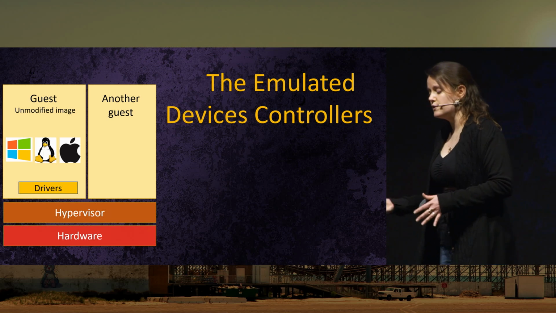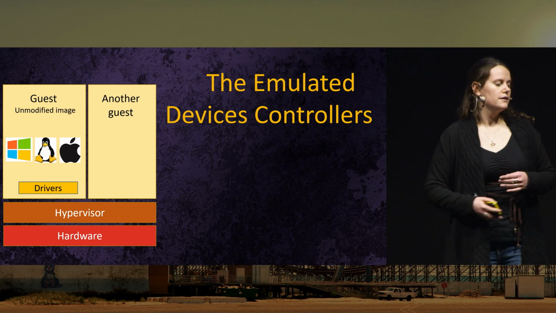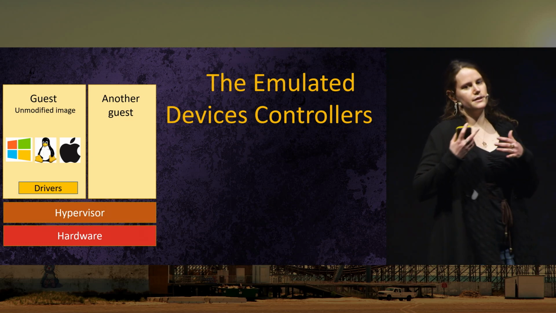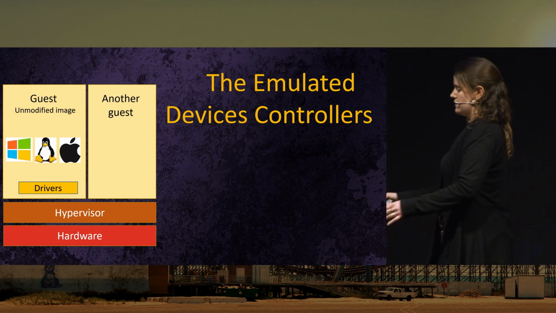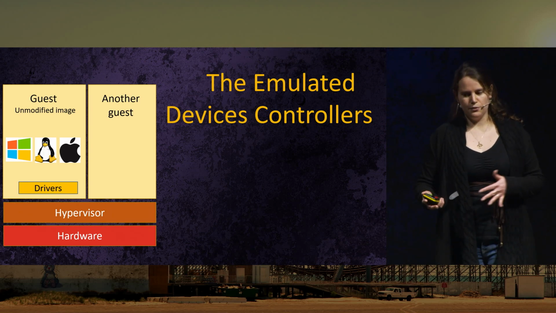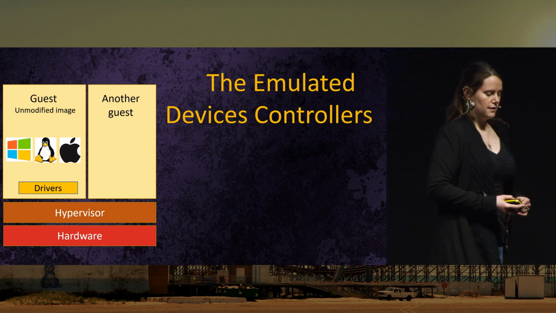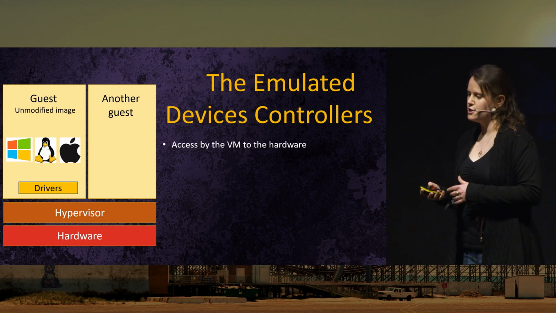But when several VMs want access, there's competing access to the resources. So in some way, the hypervisor needs to deal with that. And one way is to give direct access from the VM to the hardware controllers, which is called pass-through. And there are two other techniques, emulation and paravirtualization. I'm going to talk about emulation.